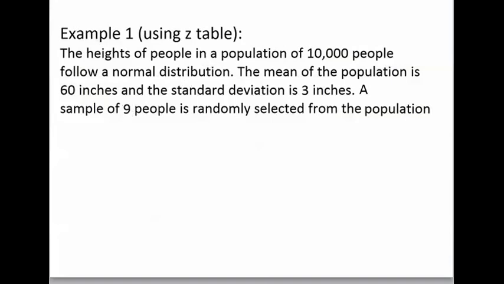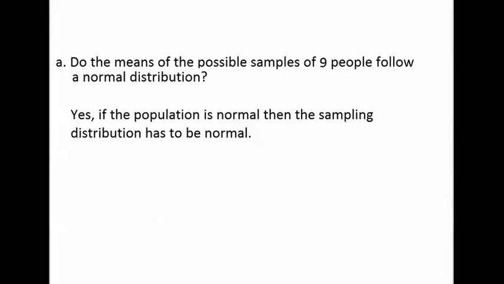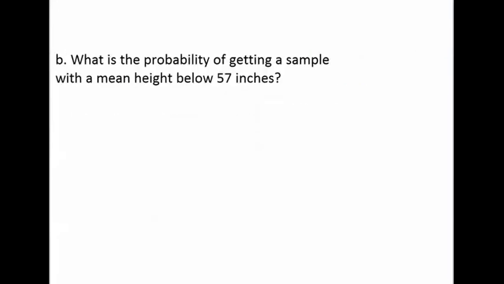So the answer to this question is yes, the sampling distribution is normal because the population is normal. So we know that the means of the possible samples of 9 people follow a normal distribution. Now that we know that the sampling distribution is normal, we can go ahead and use z-scores to calculate probabilities.